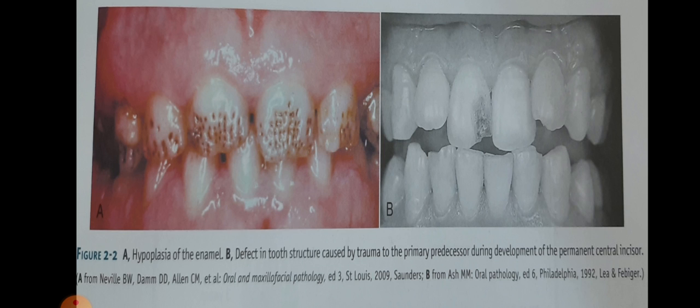In cleft palate and lip, various associated malformations of the crowns of the teeth of both dentitions occur.